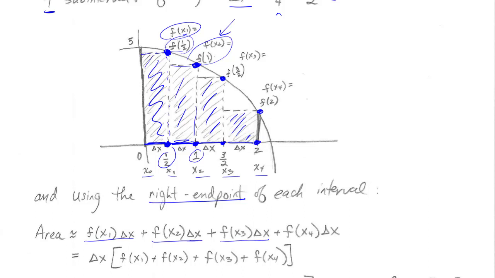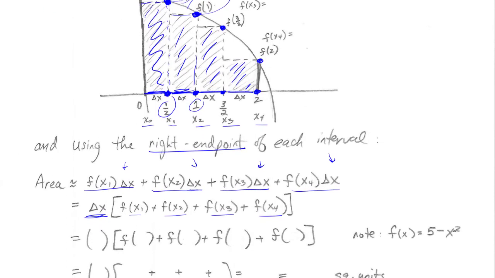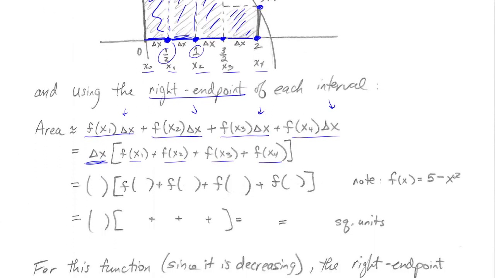And then f of x3 delta x, f of x4 delta x. These are the 4 rectangles' areas. Now notice, each one of them has a delta x in it, so that can be factored out. So then we just get f of x1 plus f of x2 plus f of x3 plus f of x4 inside.